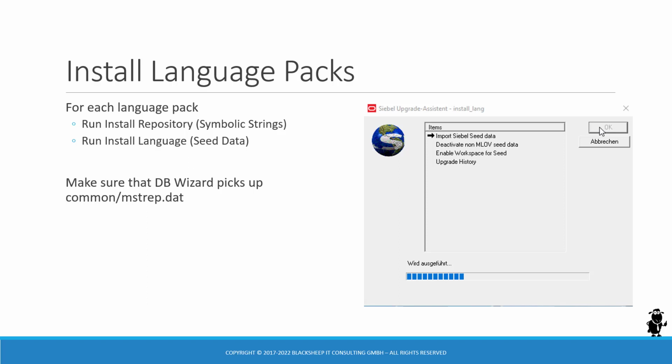The first step is to run install a repository, which imports the symbolic strings for the desired language, and then import the seed data for the desired language pack. There's a note on this slide that the database wizard should pick up the common master repository file to import the symbolic strings.